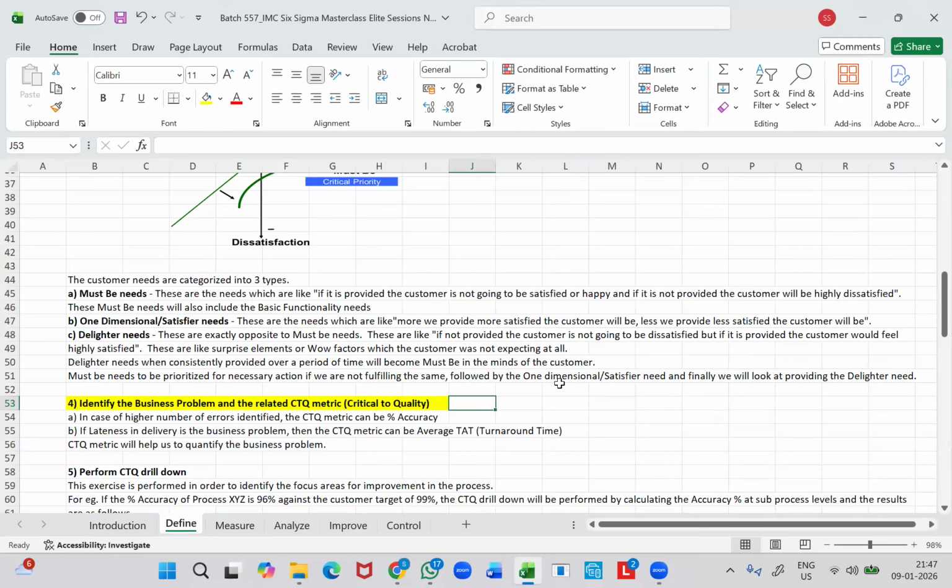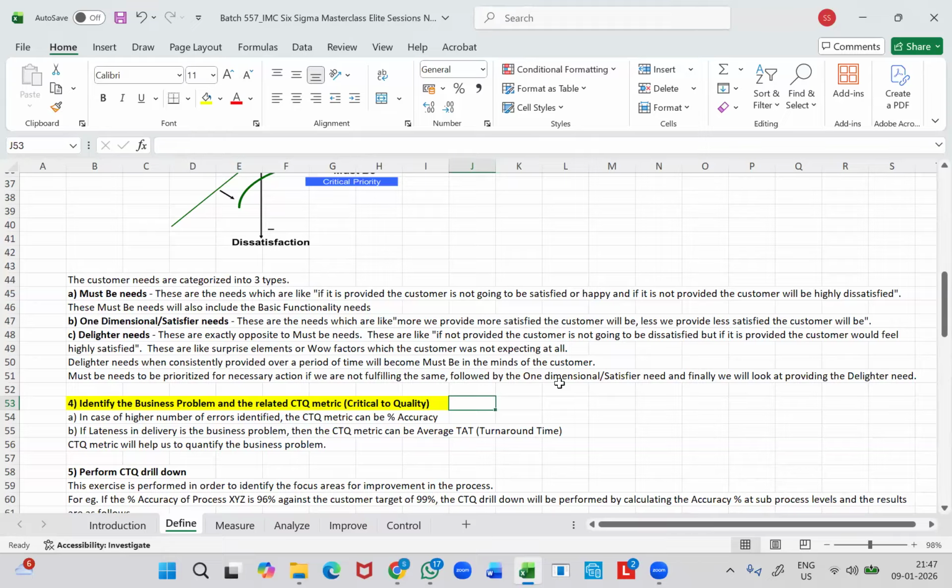As I told you, CTQ, the full form is critical to quality. This CTQ metric would help us to quantify the business problem. How bad or how big the business problem is, we would be able to arrive at when we express this CTQ metric in numerical terms, right?